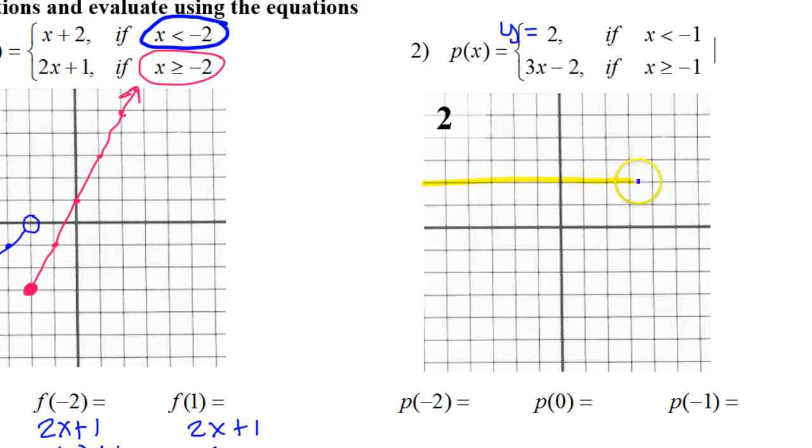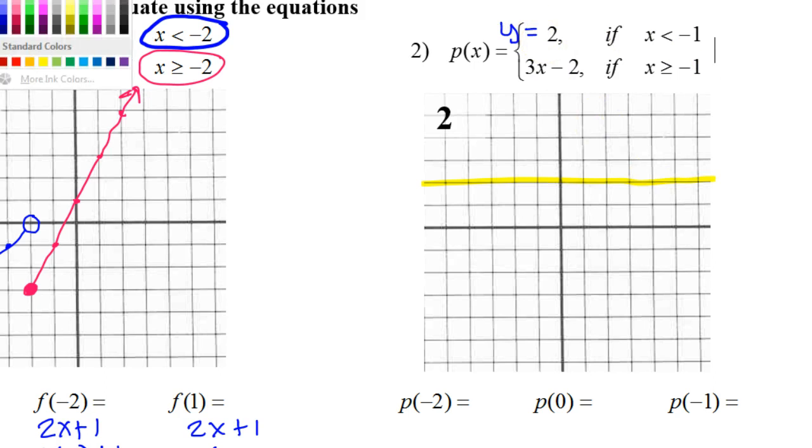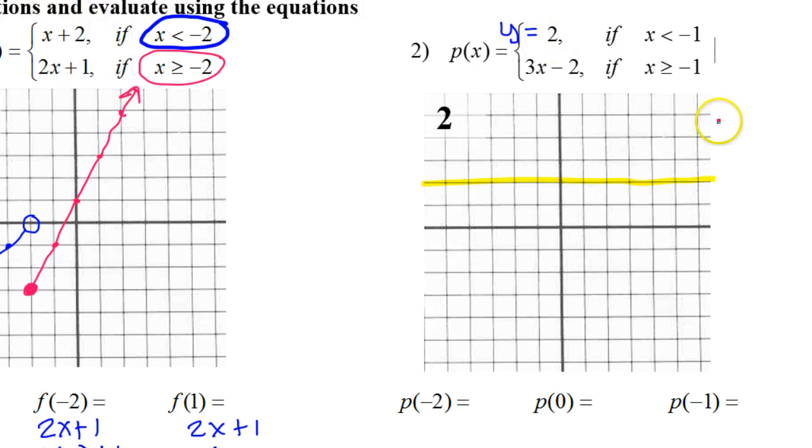This is what the line y equals 2 would look like. But we're not going to graph that entire line. We have a domain restriction. We're only going to graph the part where the x values are less than negative 1. So we're going to put an open circle at negative 1, and less than would be going to the left.